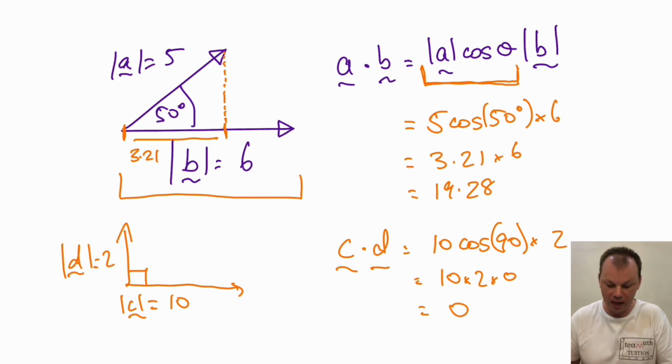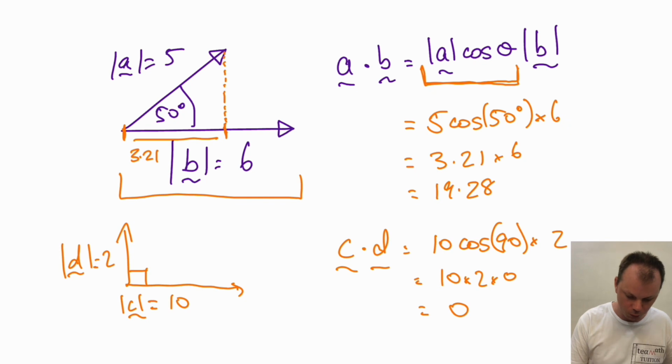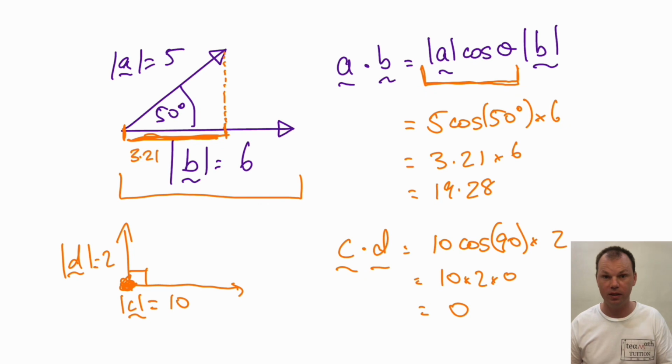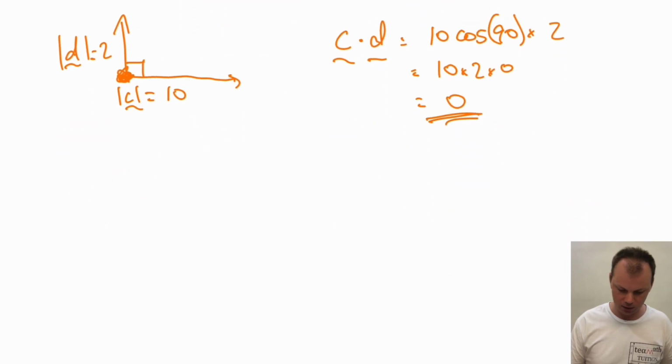So we have a dot product of 0, and what this implies is the scalar projection of one vector onto the other vector is 0. Here there was some overlap between the vectors. Here there is 0 overlap in the direction in which they're pointing, so our dot product is just 0.